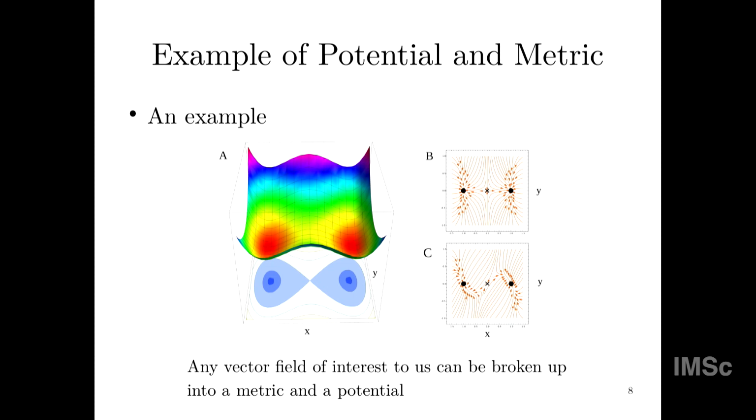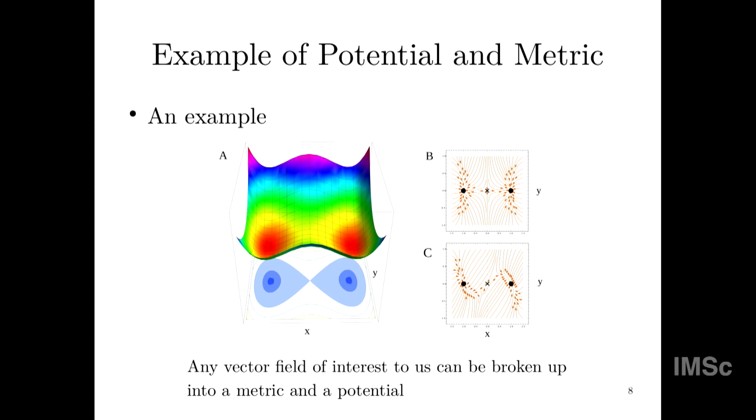For example, in C here, I'm showing something that is derived from exactly the same gradient flow, but I've added a Riemannian metric. And so the different information that the potential and the metric have is that the potential is always going to have the fixed points, all of the saddles and the stable points. The metric is something that can modify the dynamics between them.